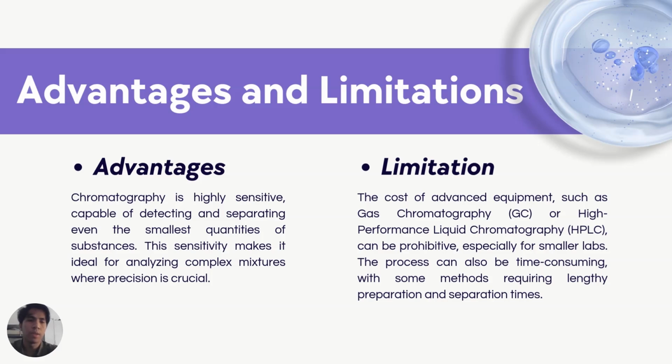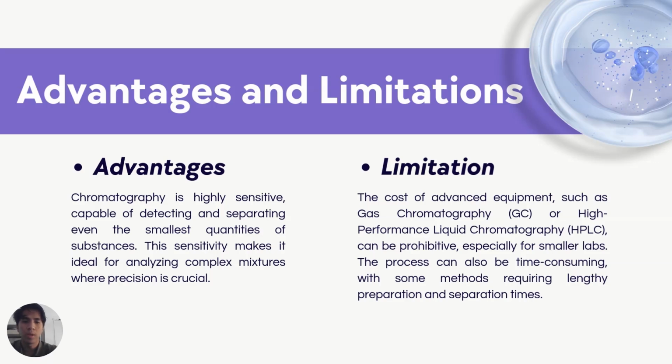Now we go to the advantages and limitations. For the advantages, chromatography is highly sensitive, capable of detecting and separating even the smallest quantities of substances. This sensitivity makes it ideal for analyzing complex mixtures where precision is crucial. And then we go to the limitations.